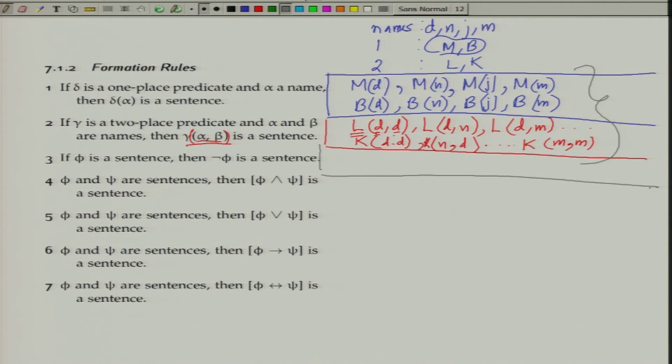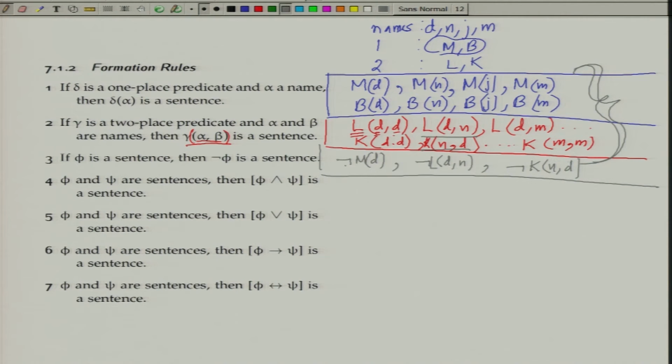If MD is a sentence, so if phi is MD, then we can have neg MD. Because LDN is a sentence, now neg LDN is a sentence. Because KND is a sentence, neg KND is also a sentence, and stuff like that. So these are actually the base steps of our recursion, and this is the first recursive step. We can have these things.